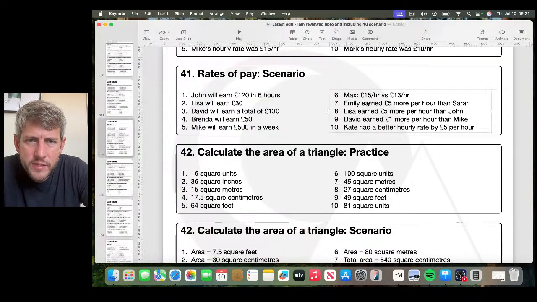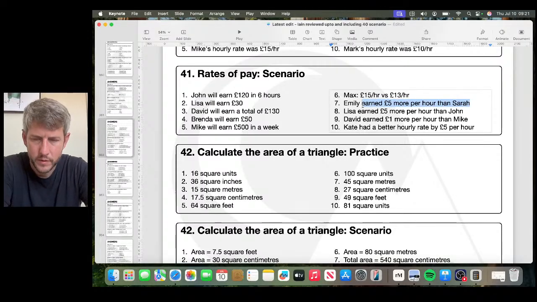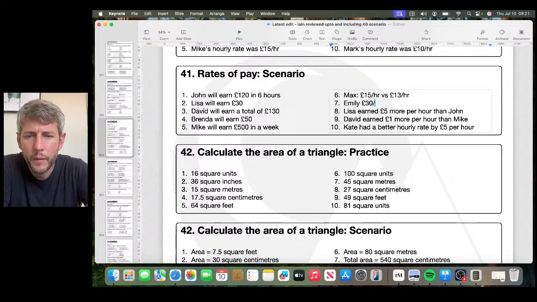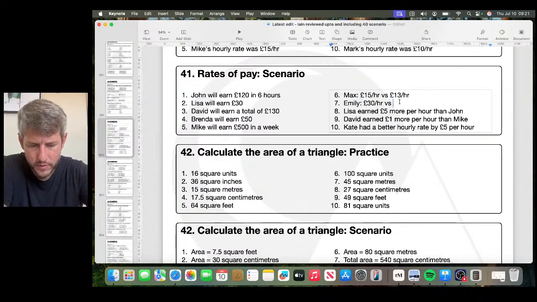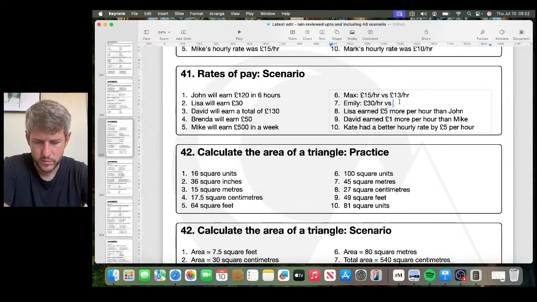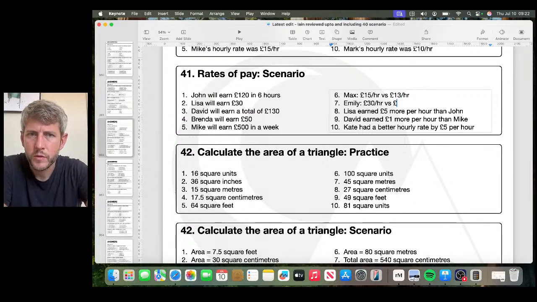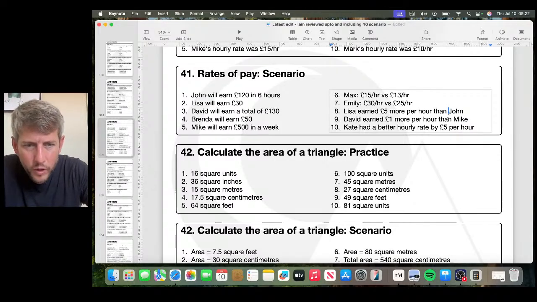So let's just change this as well to say Emily, £30 per hour versus Kim versus £25 per hour. Okay.